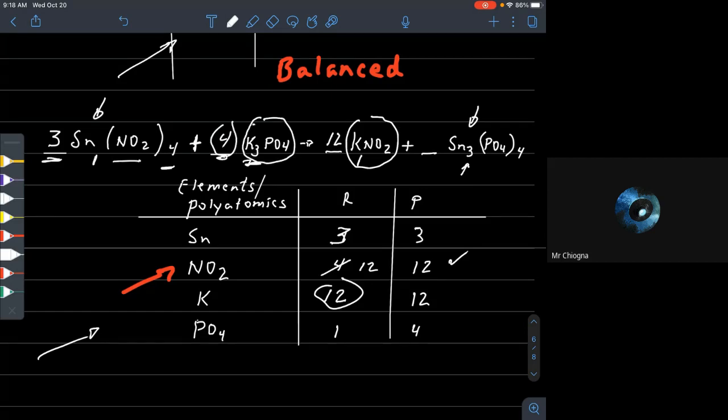So that includes the PO4. There's only 1 to begin with. You multiply by 4, you get 4. We're now balanced. You can see that's going to take some guessing. So again, use pencil. And it's okay to make mistakes because it's somewhat random. Trial and error.